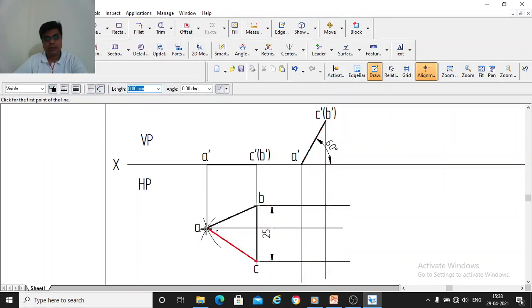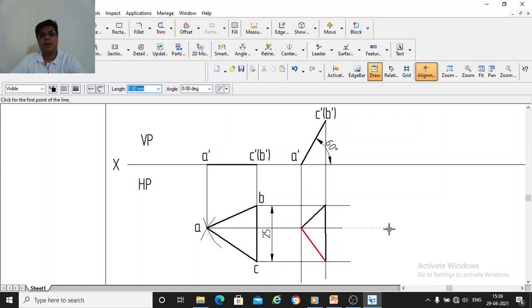First you take the point A. A is here, A dash is here, they will intersect here. So this is A now, the second top view A. Similarly B and B dash is here, this is B, and this will be C. So you should draw the top view now connecting A, B, C. So this is new top view A, this is new top view B, this is new top view C, and join this to A again.